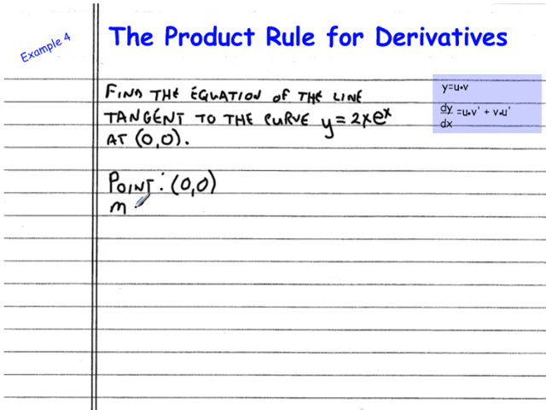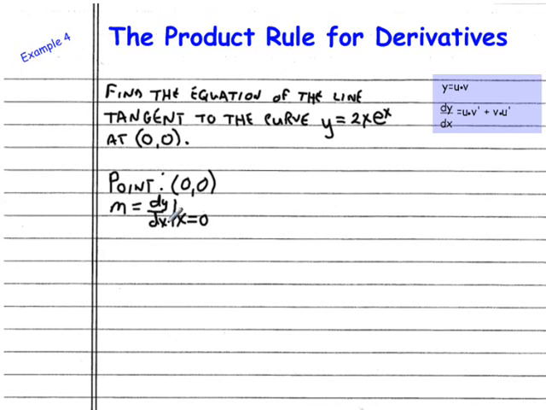We're looking for the slope of the tangent line where x is 0. So our job will be to find the derivative of y with respect to x, and then evaluate that derivative at the x value 0. That will give us the slope of the tangent line.